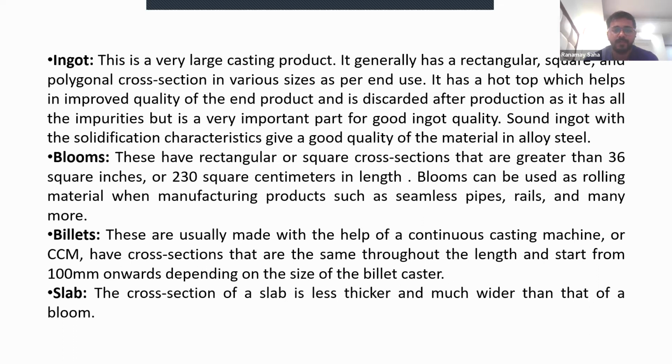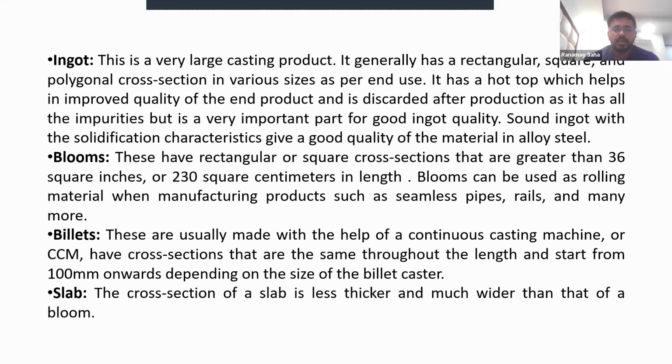Blooms are generally used in rolling material and manufacturing products such as pipes, rails, etc. And then billets. These are usually made with the help of a continuous casting machine, and generally have a longer length, with cross sections that are the same throughout the length.